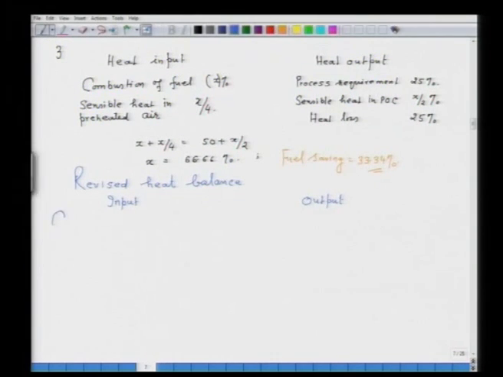Combustion of fuel is equal to 66.66, that is in percent. Sensible heat in air is 16.66. So, the total is 83.32%.